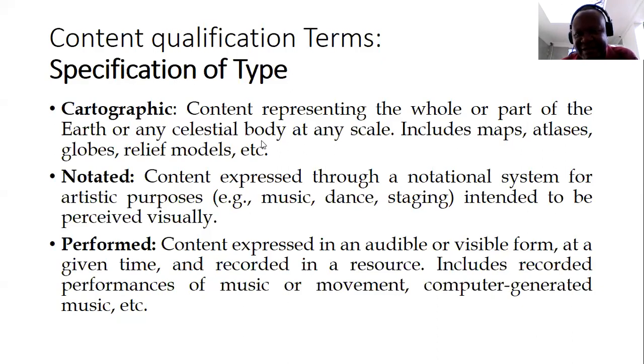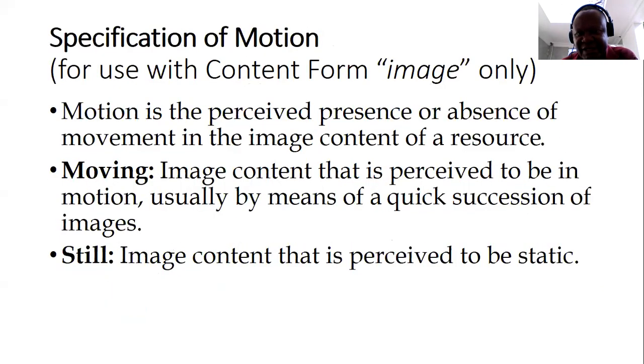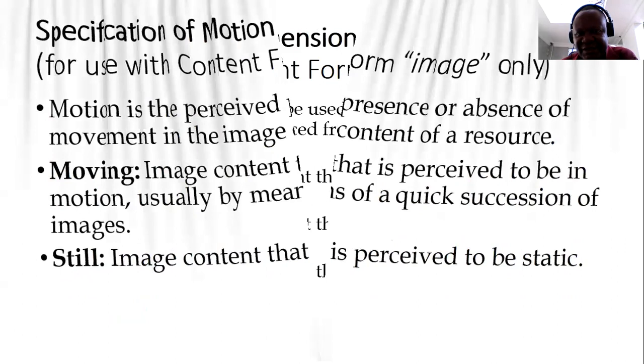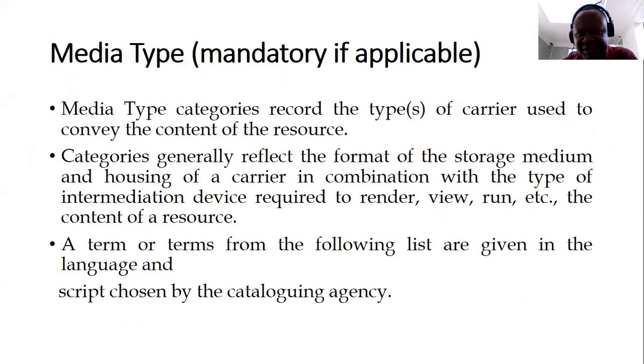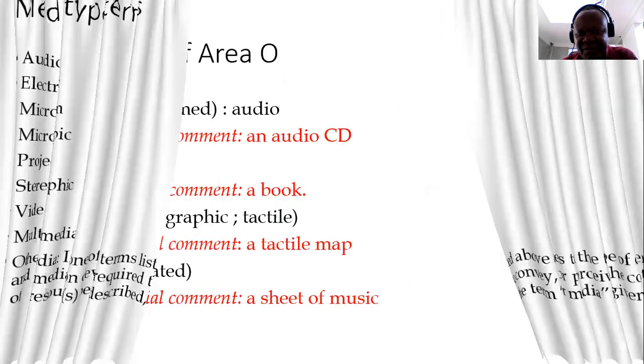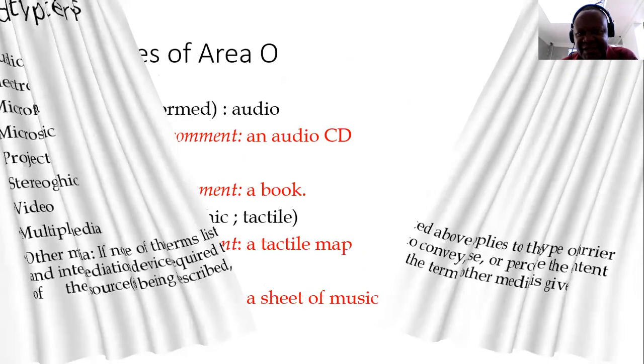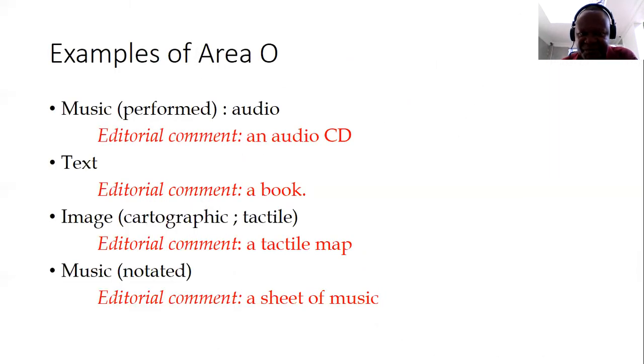And before I move, I want to show you an example of that. The examples are 8. So I'll just move to this page, which has examples of area 0. The first example, this is an audio CD.